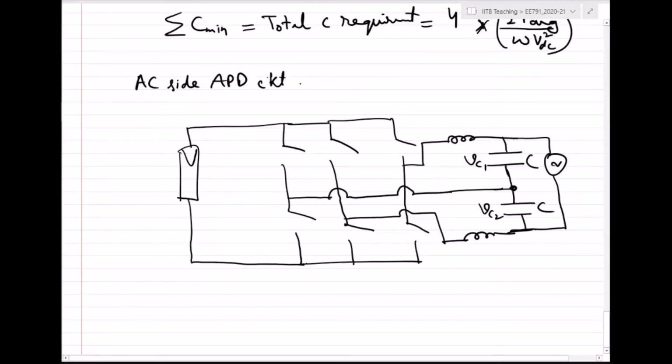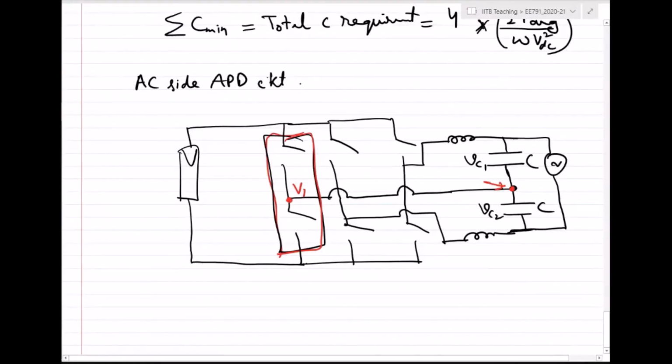And now you can manipulate this third leg, which I've highlighted here. This third IGBT leg I can manipulate, and I can control this voltage, let's say V1. So I can manipulate this node voltage by controlling V1.